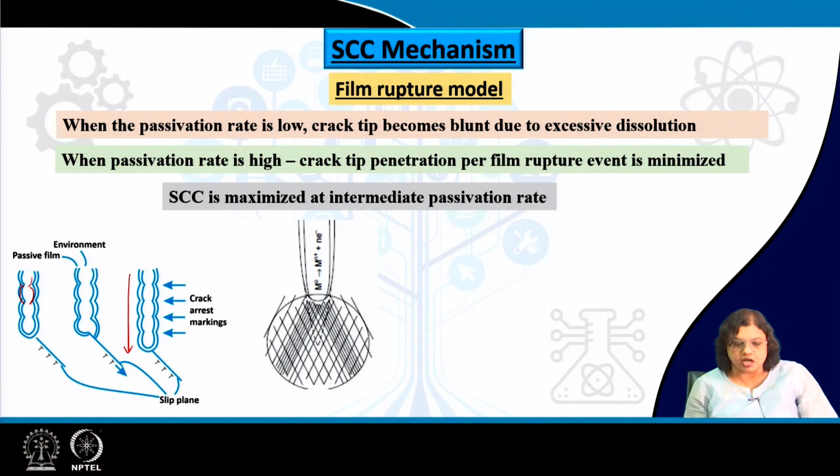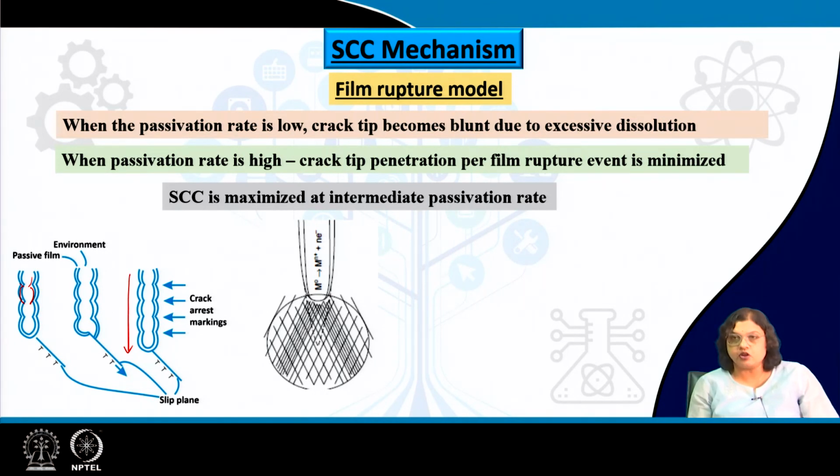This, on the other hand, shows the example when the crack growth rate is continuous, like there is no such way by which the crack growth is being interrupted by formation of the passive film.